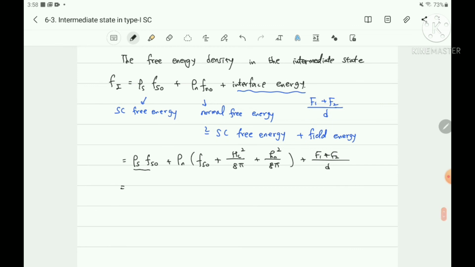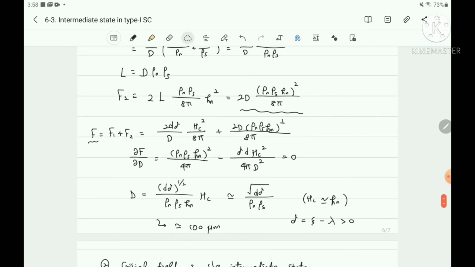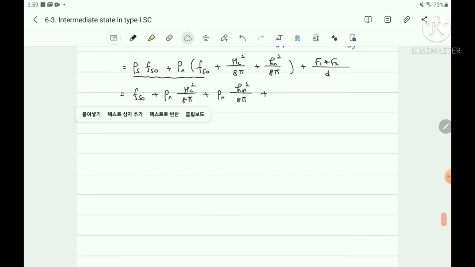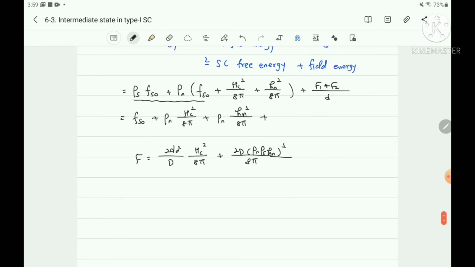Therefore, it is Fs0 plus rho n Hc square over 8 pi plus rho n Hn square over 8 pi plus the total F, which should be divided by the small d.